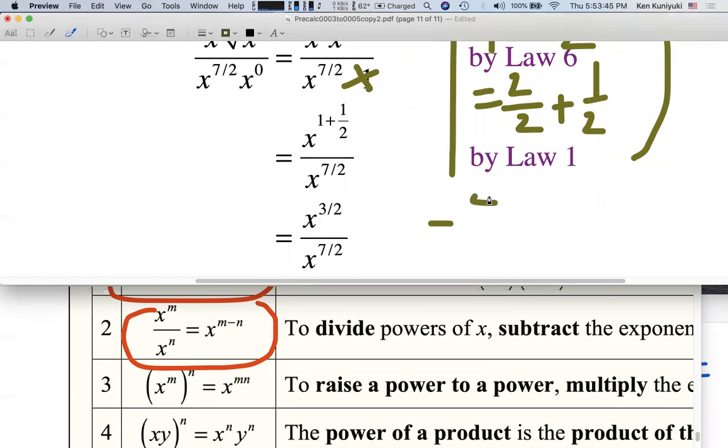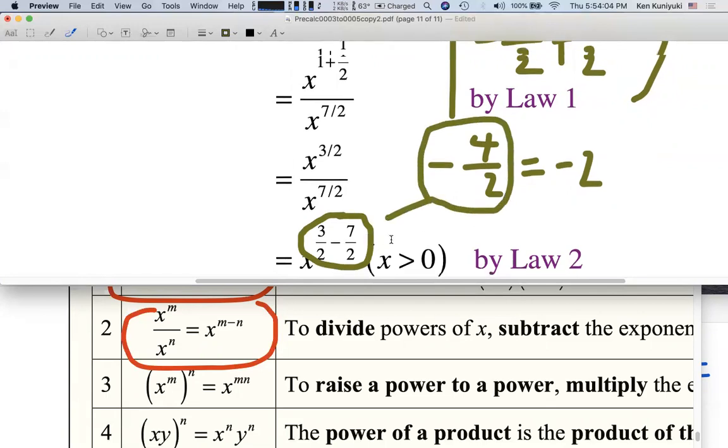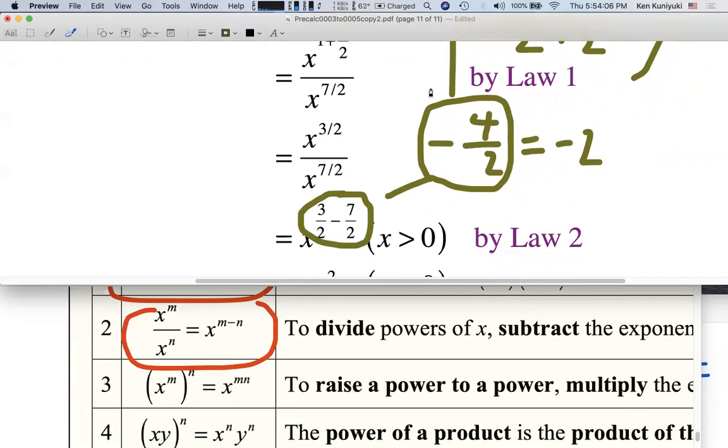That's going to be negative 4/2, also known as negative 2. It's got to be in this order. 3/2 minus 7/2 is negative 4/2. Okay, right? Although do side work. Don't micromanage it.